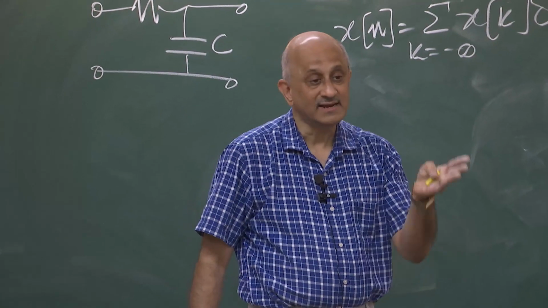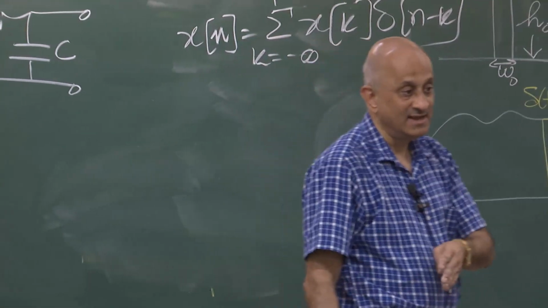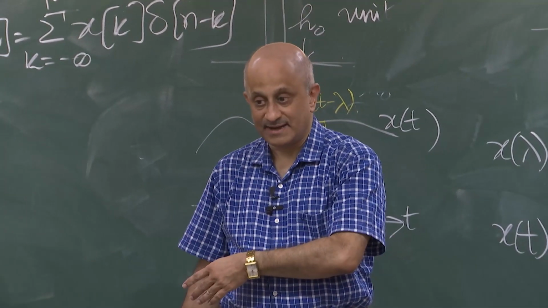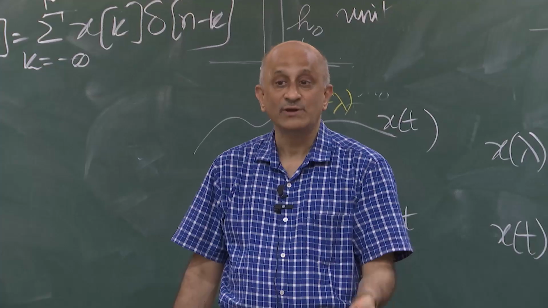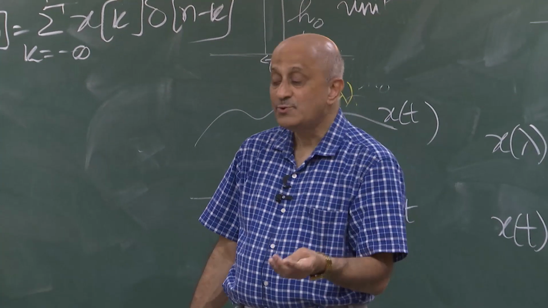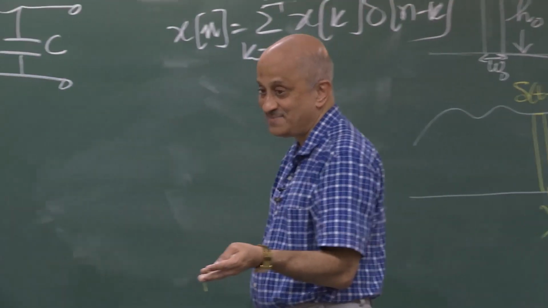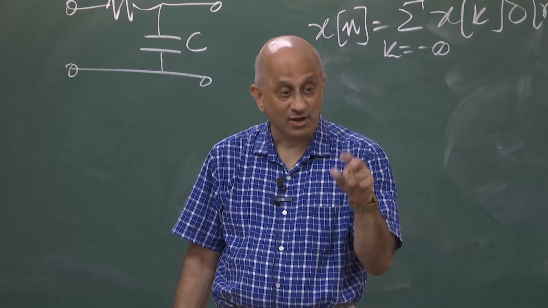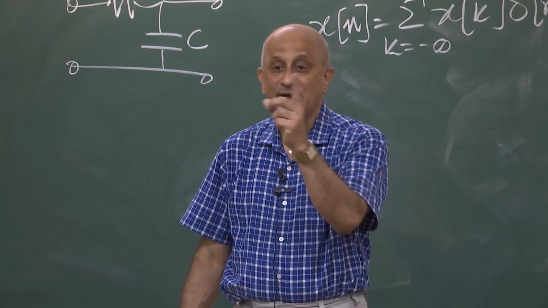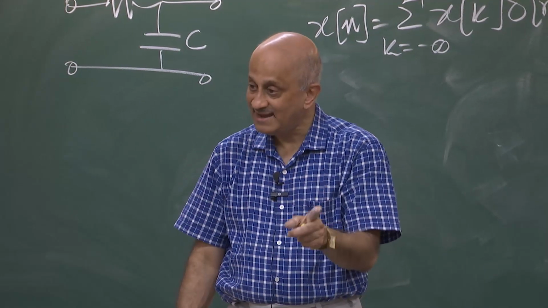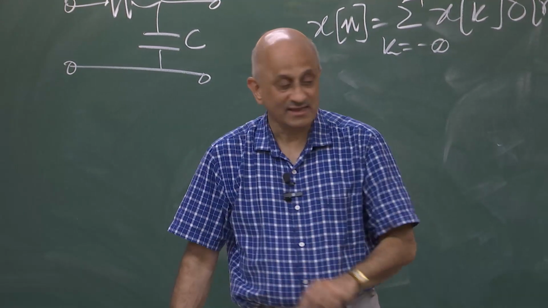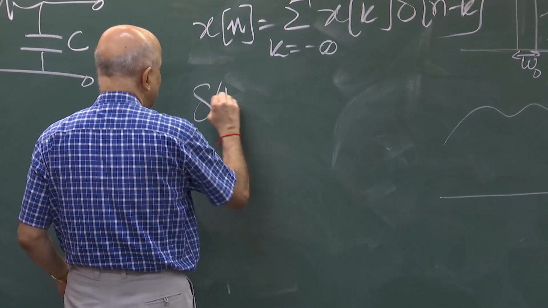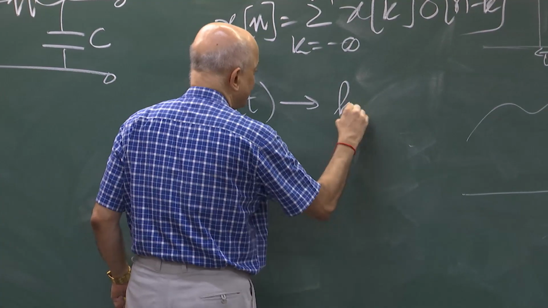Delta t produces ht. So, delta t minus lambda would produce ht minus lambda. And this is by invoking shift invariance. Now, you invoke homogeneity. So, multiply delta t minus lambda by x of lambda, which is a constant. That would multiply ht minus lambda by x of lambda. So, let us go systematically. Delta t produces ht, the impulse response.